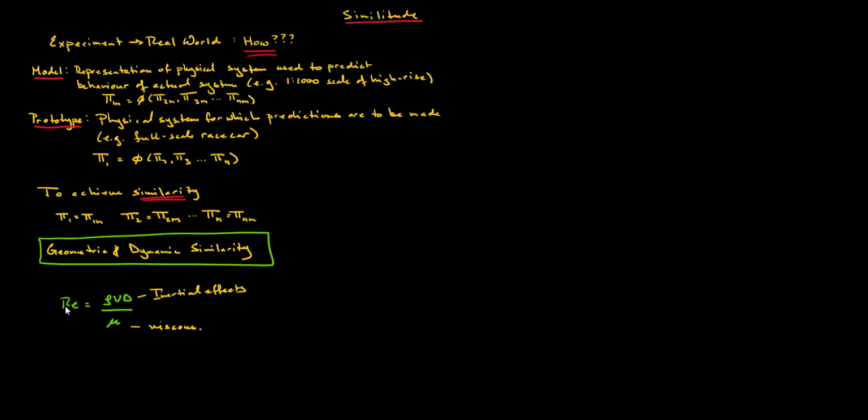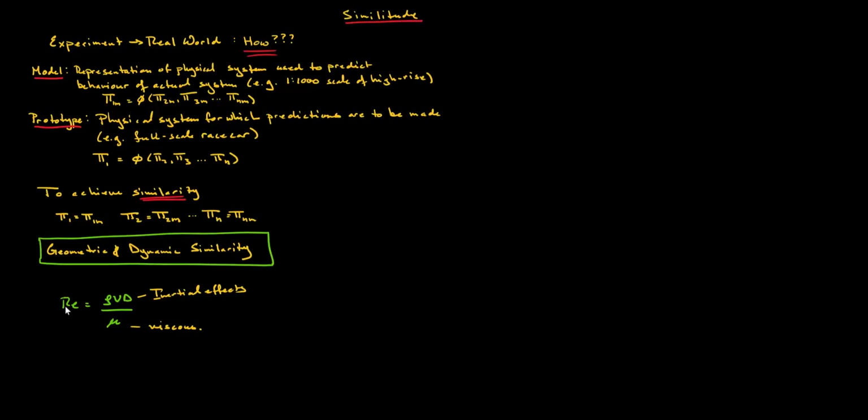Between the model and the prototype, in order to translate the model predictions to the prototype predictions, we want to have dynamic similarity, meaning that we want to match the Reynolds number between the model and the prototype.